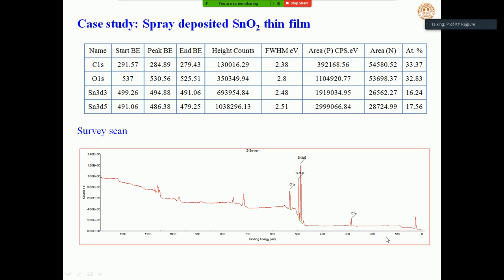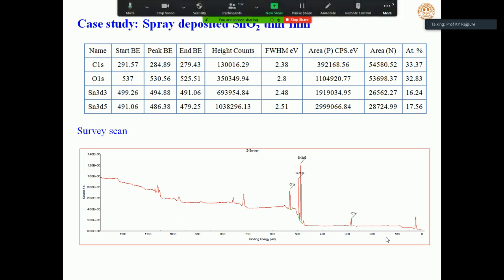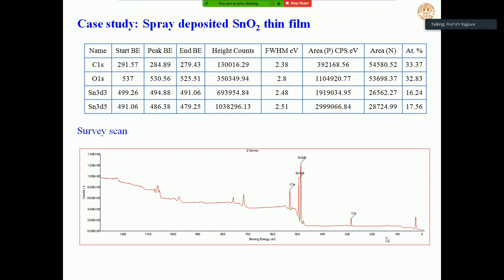This is the case study. Let me present some of the study related to my work. We carried out an X-ray photoelectron spectroscopy study of an antimony-doped tin oxide thin film prepared with the help of the spray pyrolysis technique, maybe 10 years back or so, where we see that there is carbon.